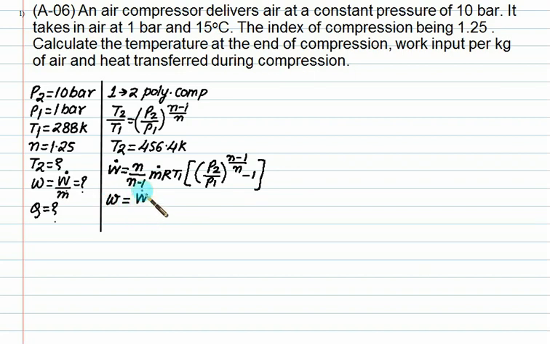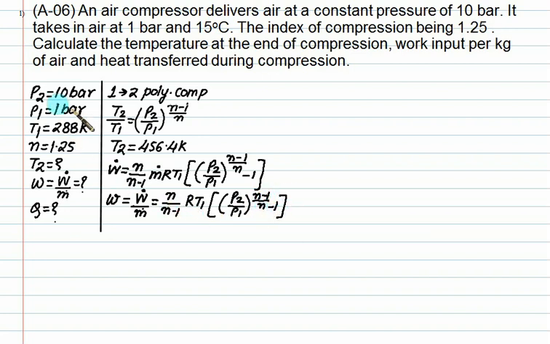So we get specific work equal to W dot divided by M dot, that is N upon N minus 1 into R into T1 multiplied by [(P2 by P1) to the power (N minus 1) upon N minus 1]. Now we can substitute these values.